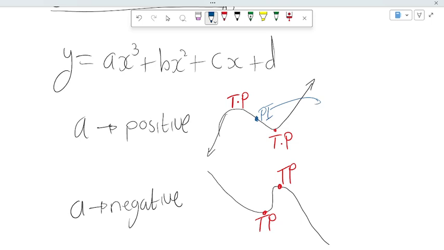So the one in the middle is what we call the point of inflection.